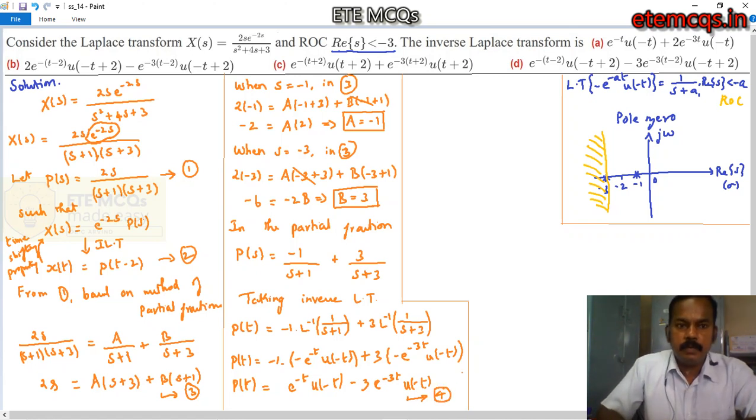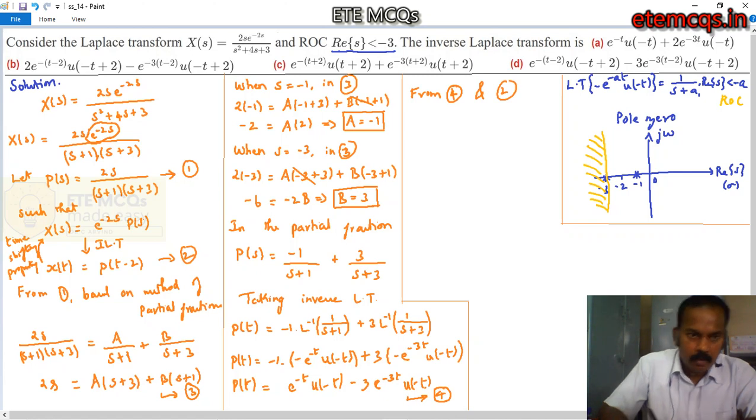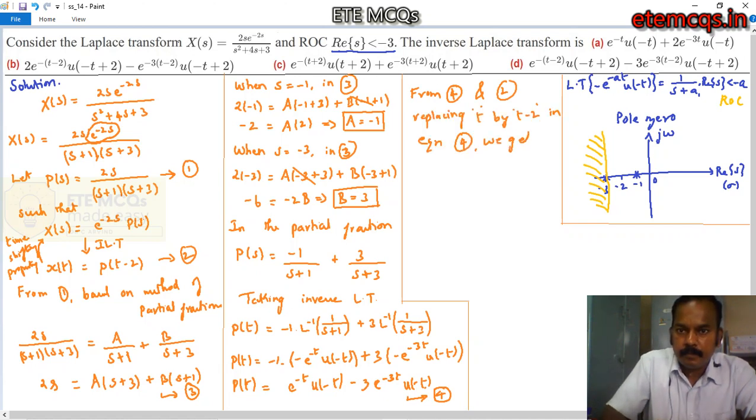Okay, so from 4 and 2, you can notice that we have obtained P of t and we have also got a relationship which states that x of t is nothing but P of t minus 2. So I am going to replace t by t minus 2 in equation number 4. So what we get finally is x of t is equal to P of t minus 2.